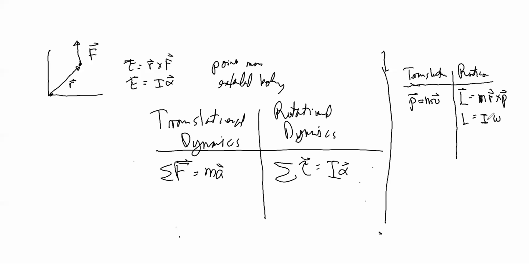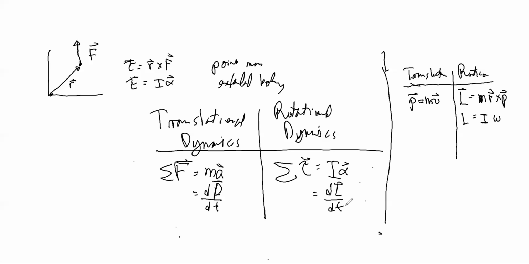And we can express the translational dynamics and rotational dynamics in terms of these two quantities. The sum of the forces will be the time derivative of the momentum, and the sum of the torques will be the time derivative of the angular momentum.